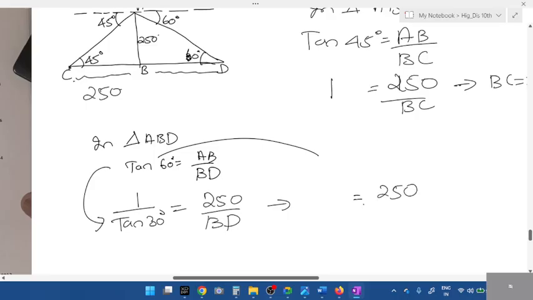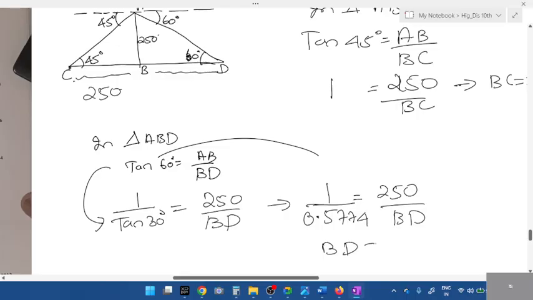Yes, 0.57. I'm not asking for the exact answer from the mathematical table. What is it? 0.5774. So 1 by 0.5774 is equal to 250 divided by BD.